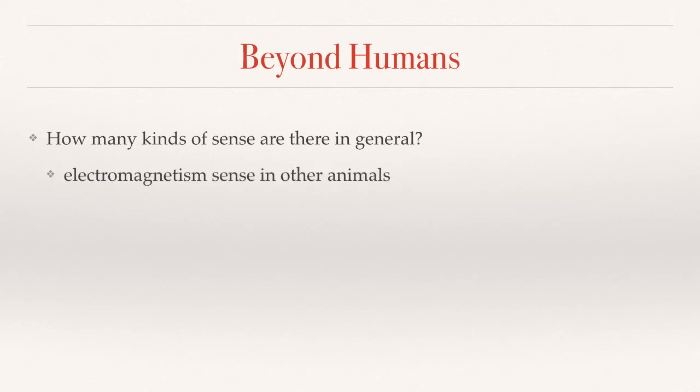And one of the most interesting is that there are certain kinds of animals that have an electromagnetism sense. And there are 2 variations on this that are very interesting. So one is you find certain kinds of fish that have receptors that are sensitive to magnetic fields. And so that's what's called passive reception.